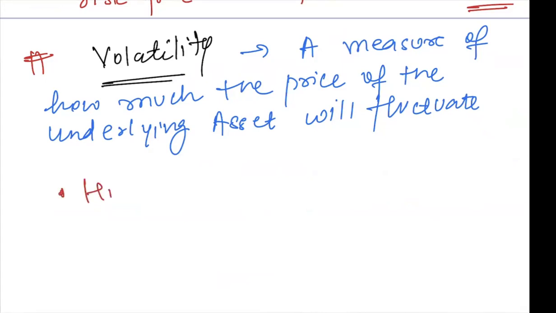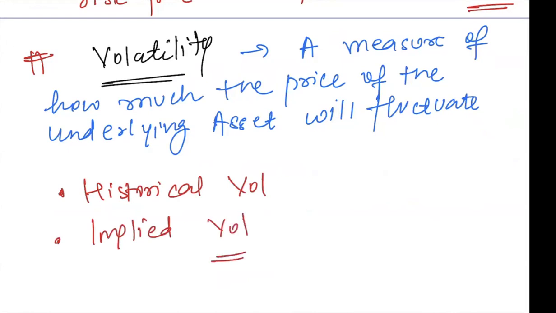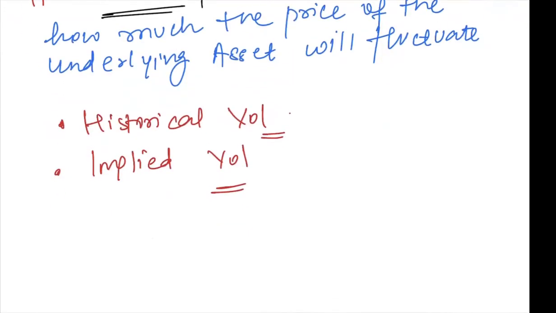One is called historical volatility, and the other one is called implied volatility. And this is the kind of issue you will face in your modeling when you are trying to use all these different models. So which one to consider? Historical volatility or implied volatility, right? So before diving deep, let's understand what is historical volatility.